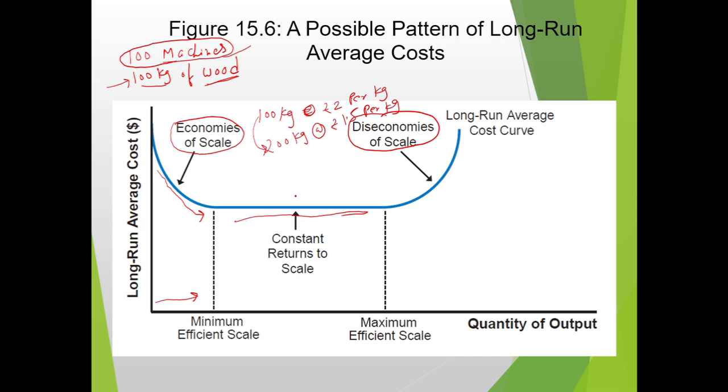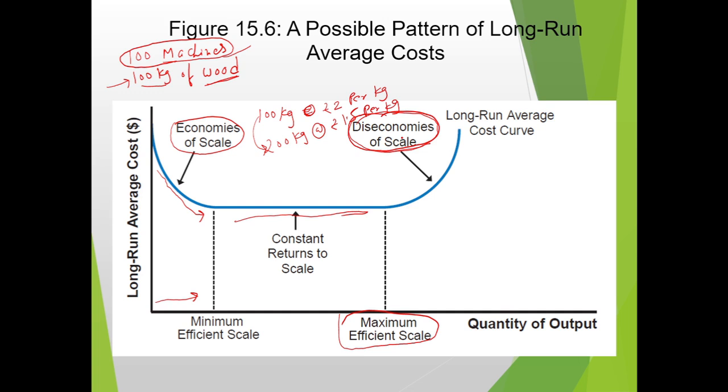But after a certain point, the company becomes so big that it becomes difficult to manage that company, and they are known as diseconomies of scale. When a company crosses the maximum efficient scale, diseconomies of scale come into action.